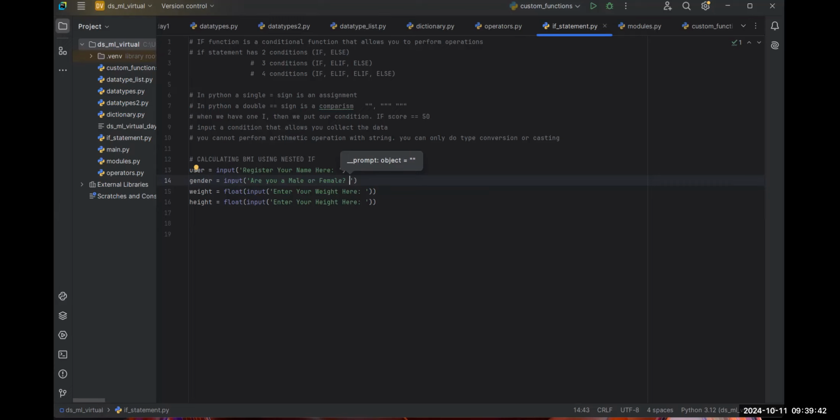Now we've collected the username, we've collected the user gender. What do we want to collect again? We are collecting height. But now, we are collecting weight in this case. During our last class, we saw that some people would not be professional enough to specify the weight the way we want it.